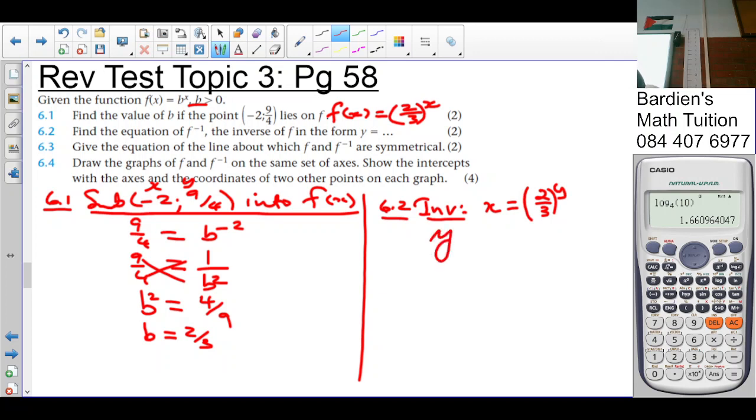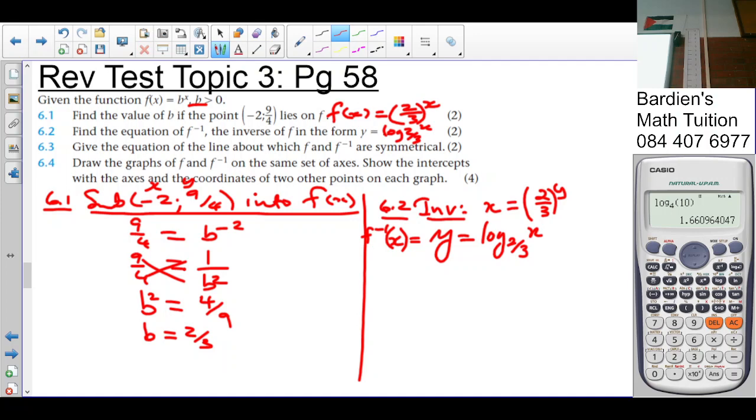Therefore y is equal to log x base 2/3, and that is the equation of your inverse function. 6.3: Give the equation of the line about which the inverse and the function are symmetrical.